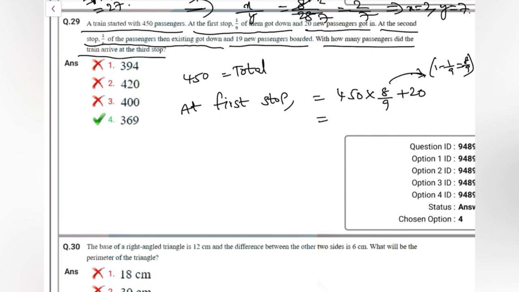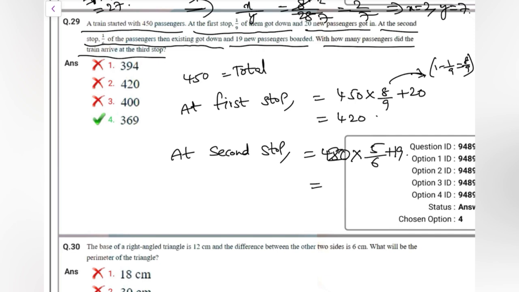Which is equal to 420. And at the second stop, passengers is equal to 420 into 5 by 6 plus 19, which is equal to 369.